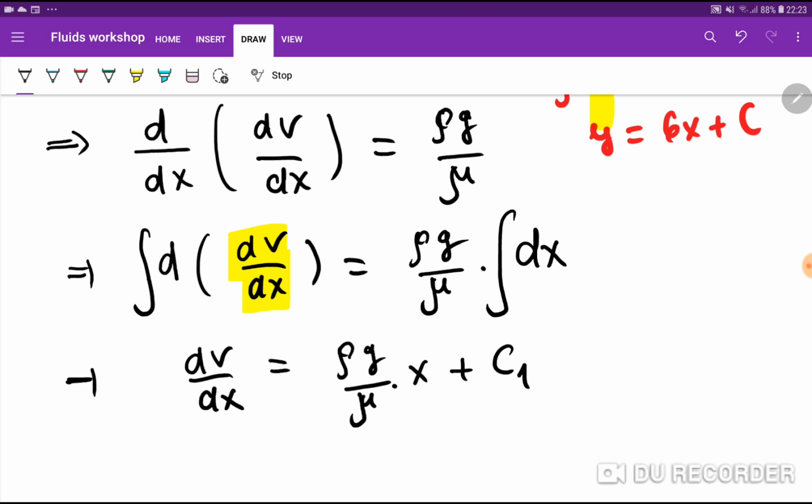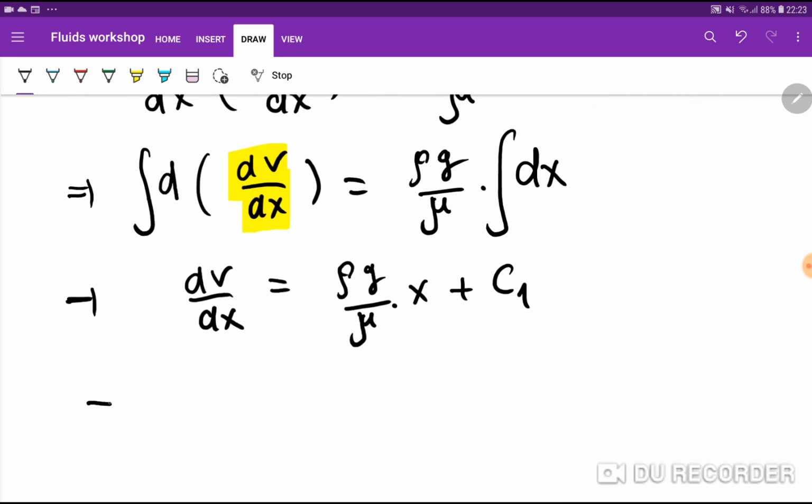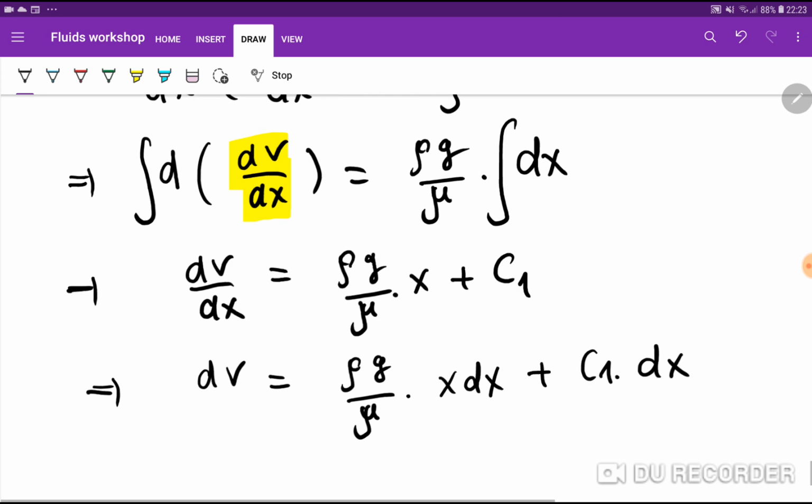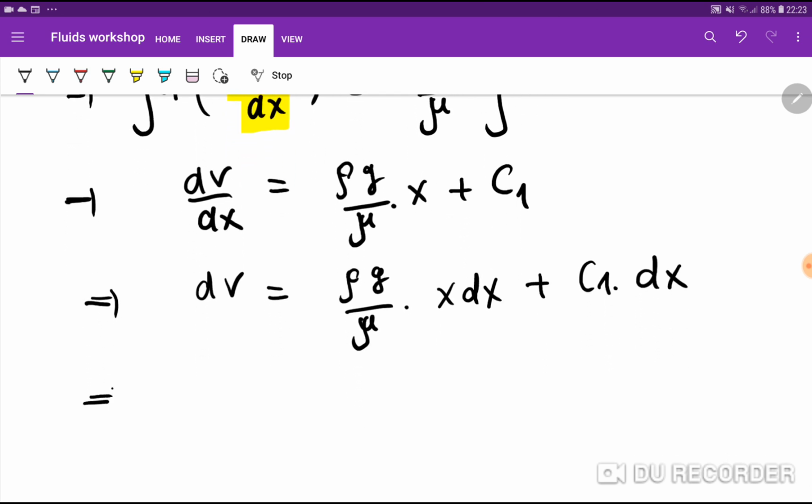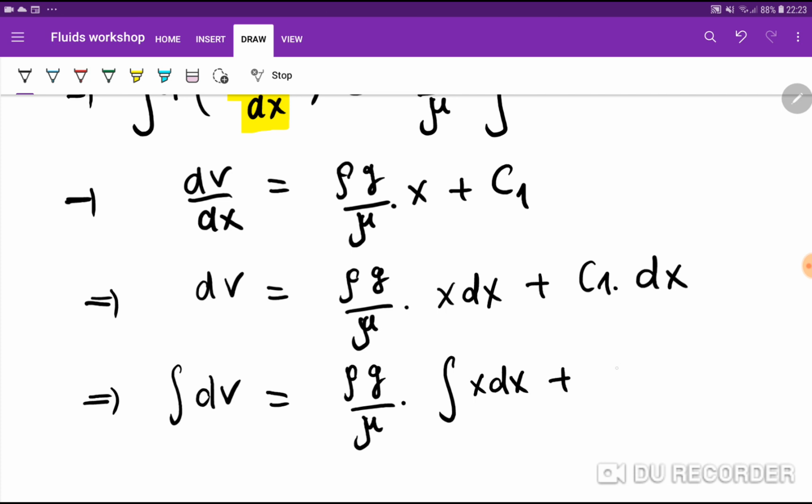Now multiply both sides by dx again. So you have dv equal to rho chi over mu times x dx plus c1 times dx. I will again integrate it: the integral of dv equals rho chi over mu times the integral of x dx plus c1 times the integral of dx.